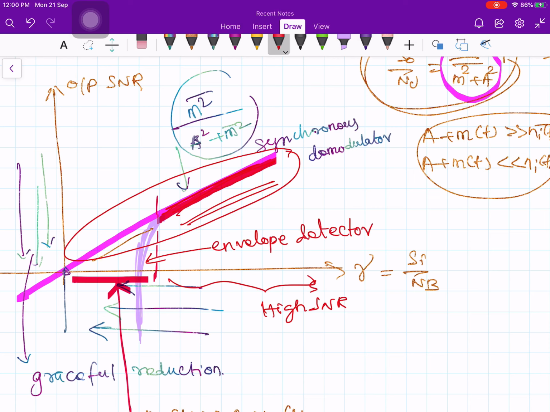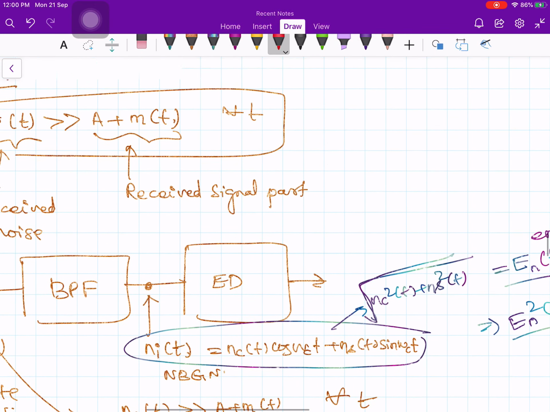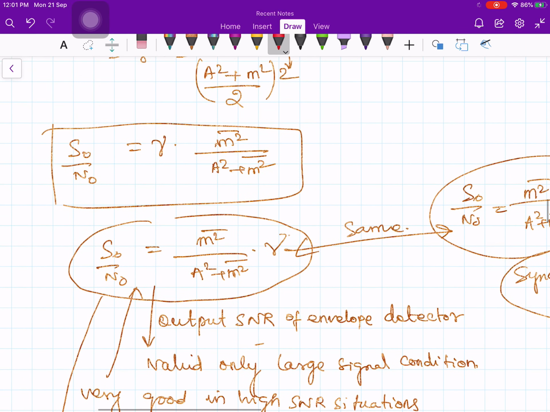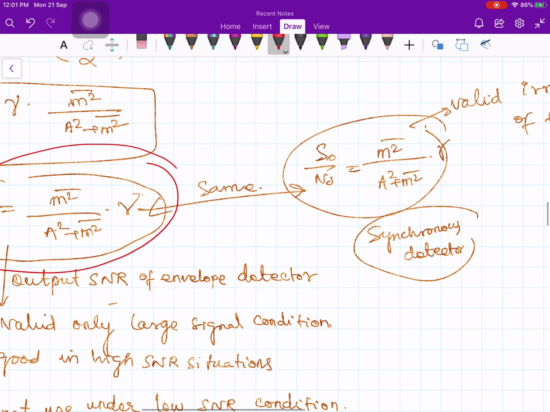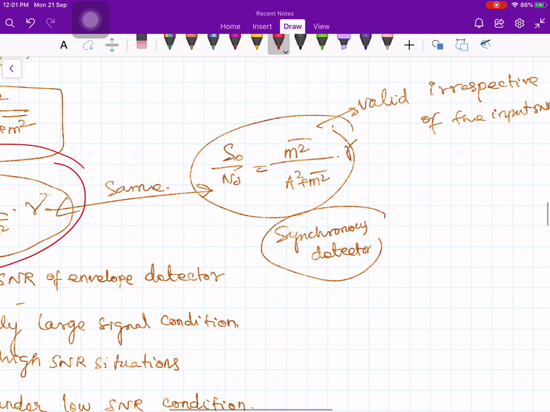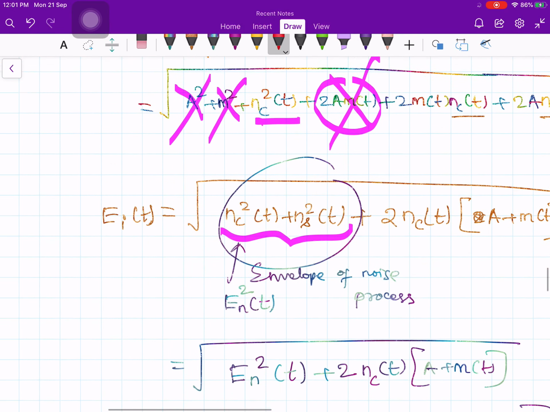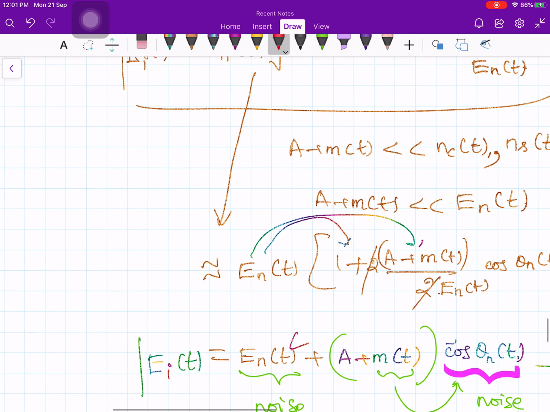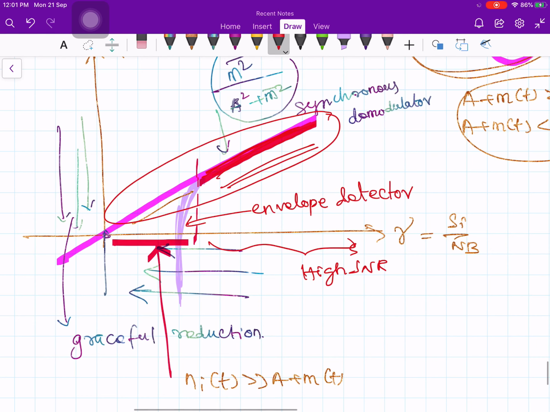So in the high SNR, your envelope detector also works like a synchronous demodulator. That's what we derived previously. In the high output SNR we got this expression with gamma, and here also we got the same expression. But the moment you go to low SNR, then the noise dominates, and the line will not be a straight line. It will be a non-linear line.